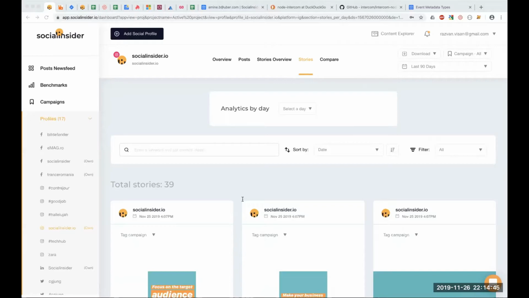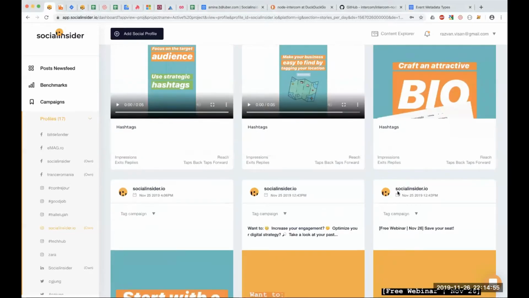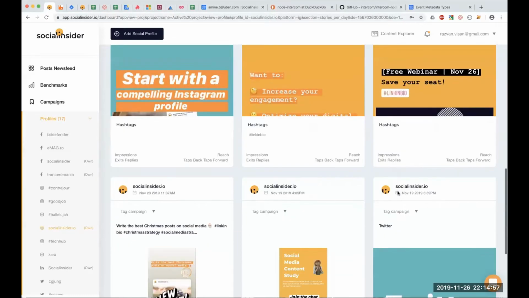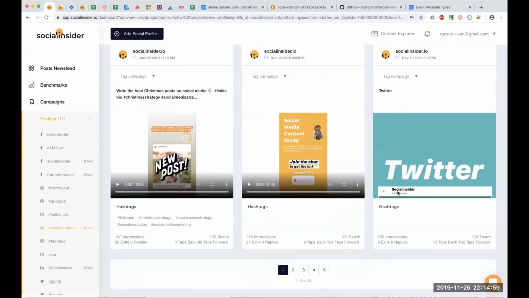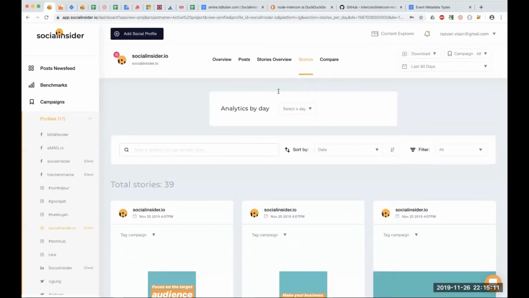One more limitation is that in the stories insights, you only have the taps and the reach and the impressions, and you don't have, for instance, if you tag someone or if you allow engagement on the story, that will not show up in the insights.